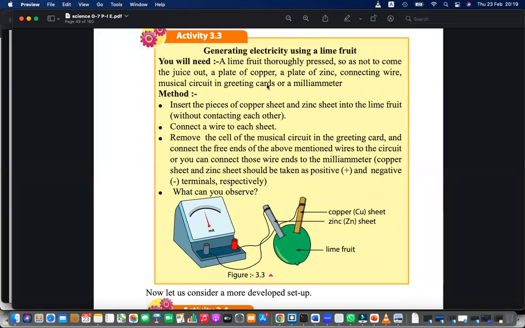A lime fruit, thoroughly pressed so that the juice does not come out, a plate of copper and a plate of zinc, and connecting wires, then a circuit with a milliammeter.